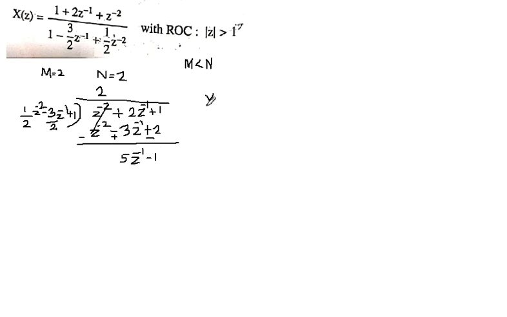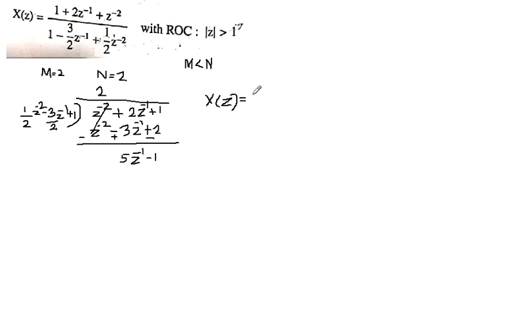Now we write our x of z in this form. When we look at this remainder, it has z to the power minus 1. When the remainder's z power is less than that of the denominator, we can stop our division.